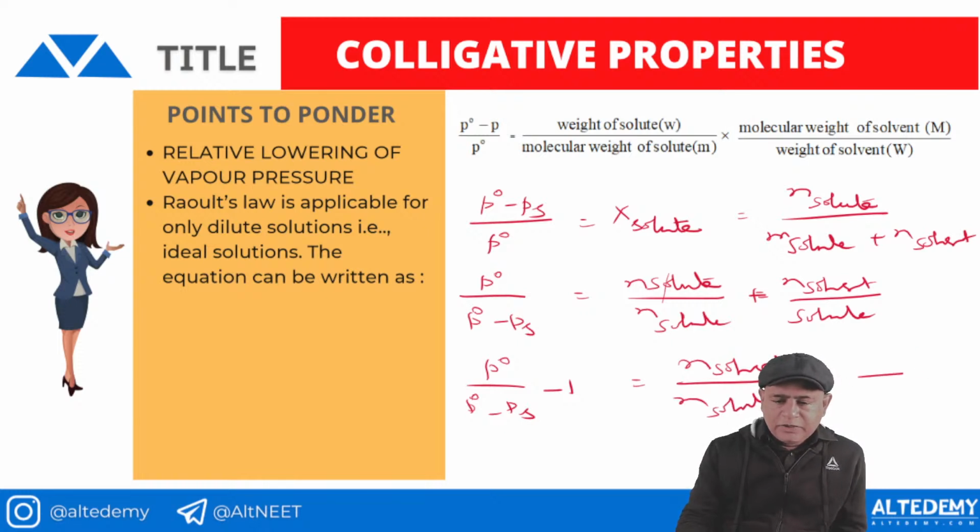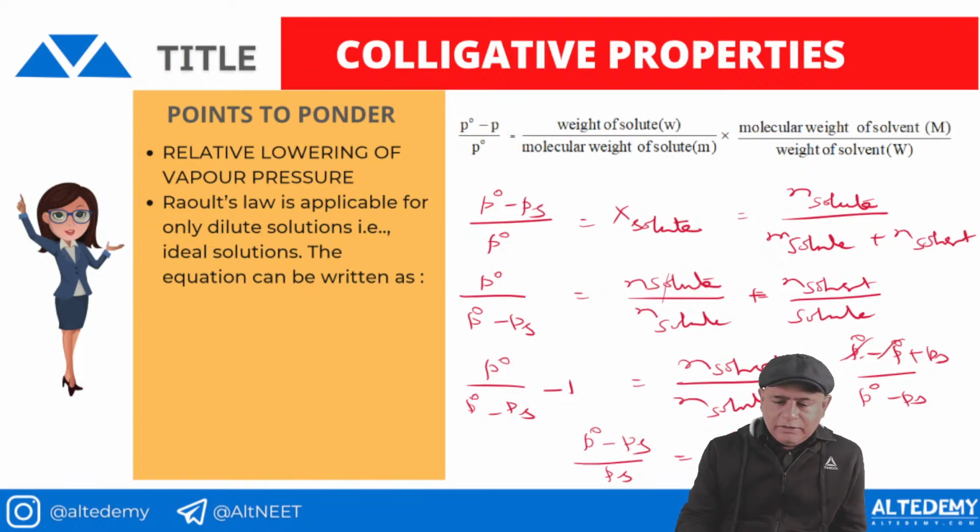We can write the expression as P naught minus P naught plus PS over P naught minus PS, and taking numerator to denominator and denominator to numerator, we get P naught minus PS upon PS is equal to number of moles of solute upon number of moles of solvent.